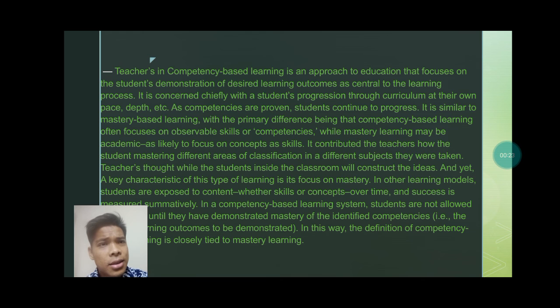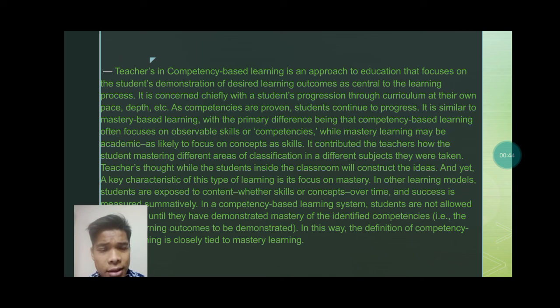So my answer is that competency-based learning is an approach to education that focuses on the students' demonstration of desired learning outcomes, central to the learning process. It is concerned chiefly with students' progression through the curriculum at their own pace.